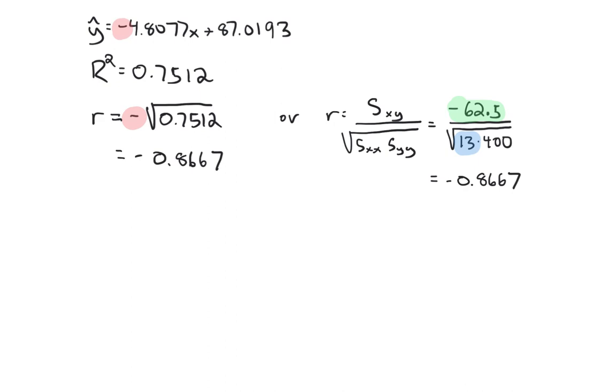So we can say that our data has a negative relationship, obviously, and we'll say this is a somewhat strong negative relationship.